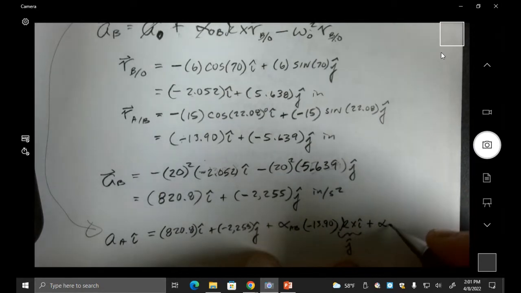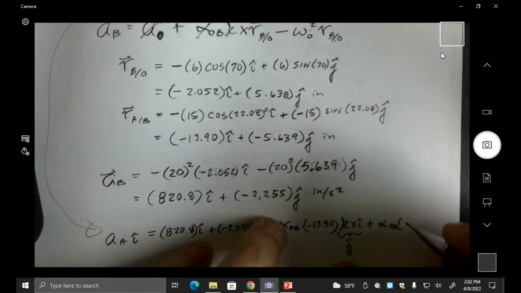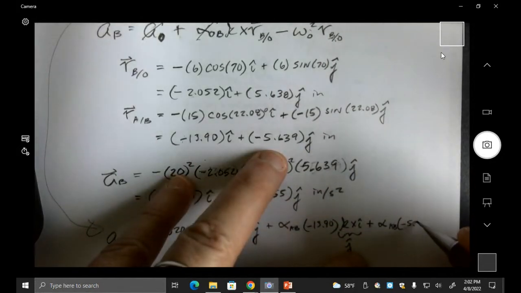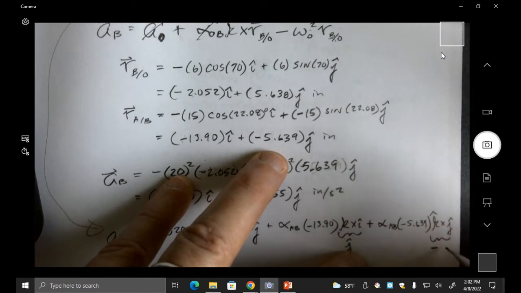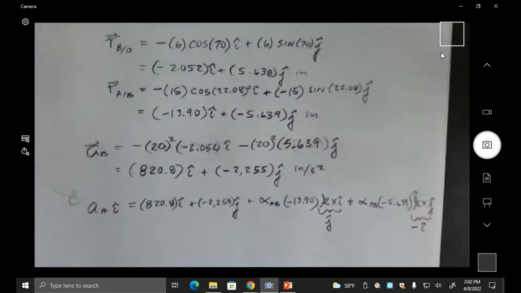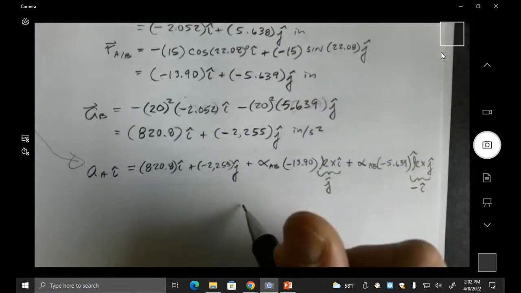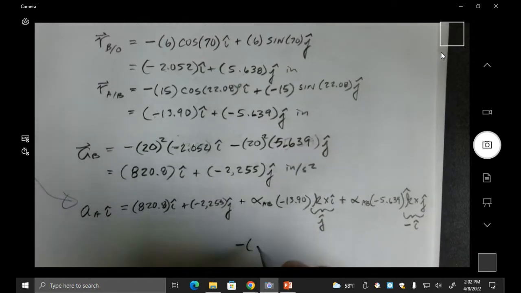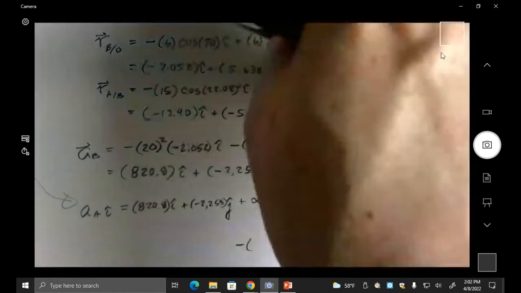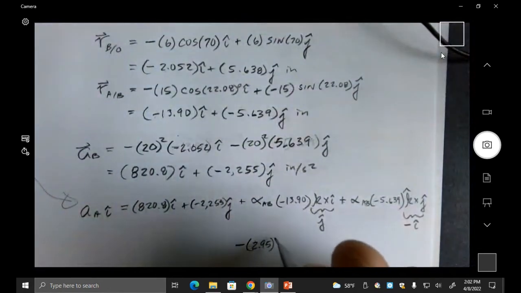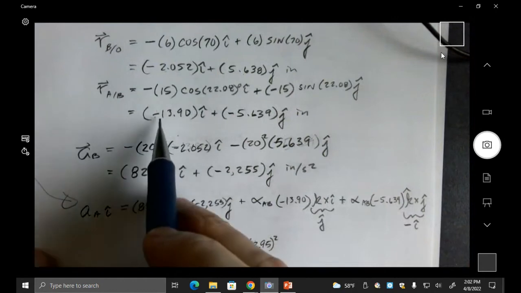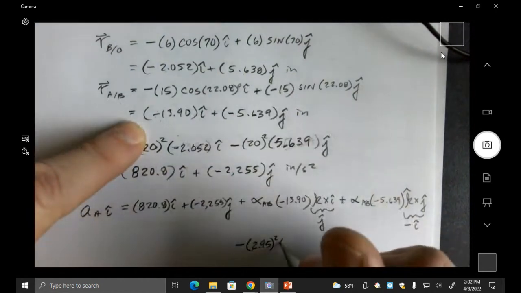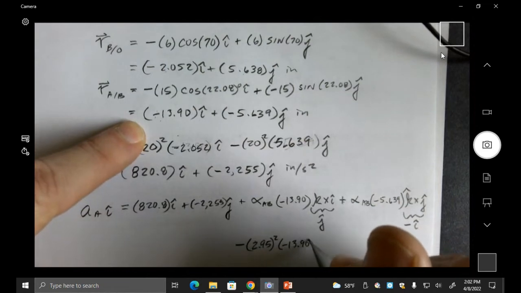So alpha AB times our negative 5.639, K crossed with J, which we know is a negative I, minus omega AB squared, which was given to us as 2.95 squared, multiplied by the negative 13.90.